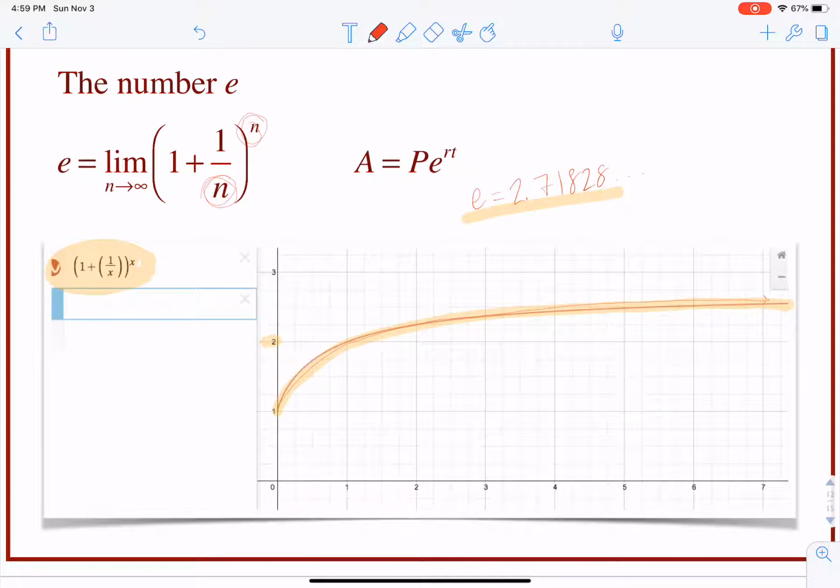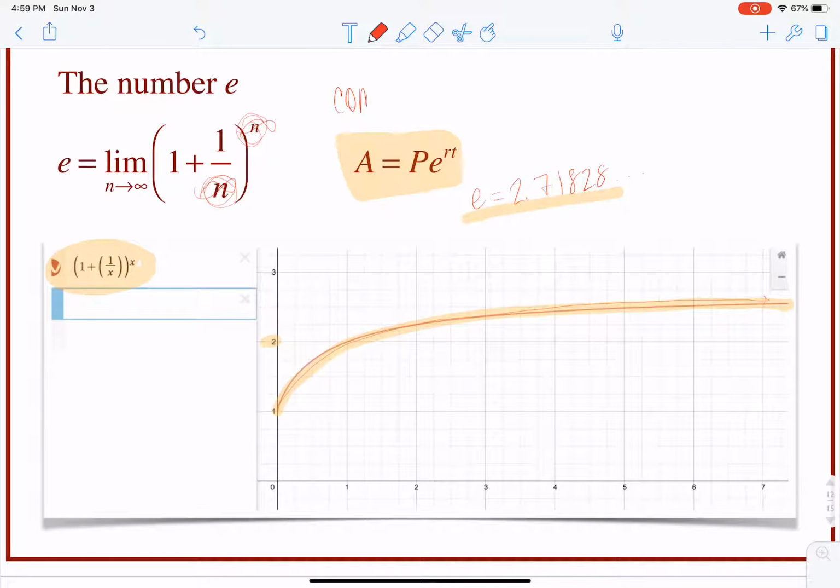So when we talk about compounding interest continuously, instead of plugging in infinity and infinity, we can actually use this E value. So this right here is my equation for interest that's compounded continuously.